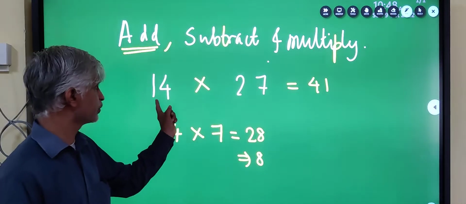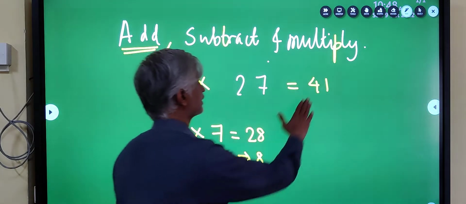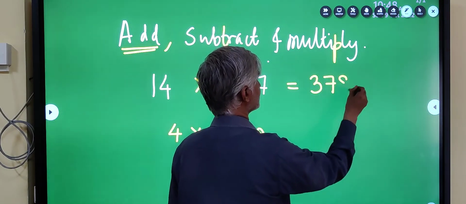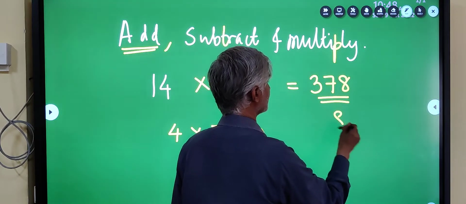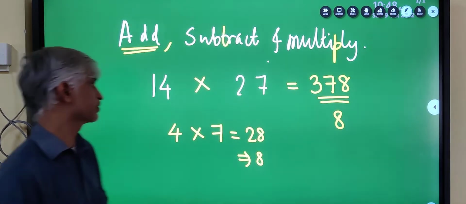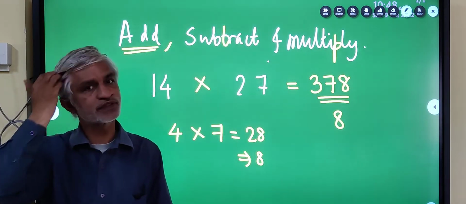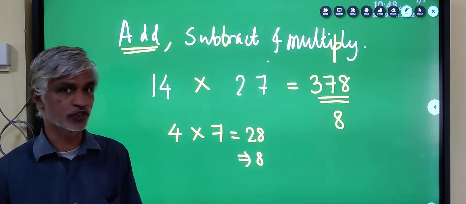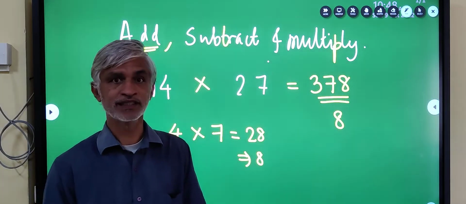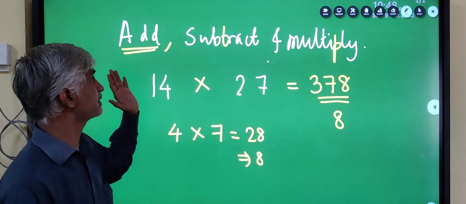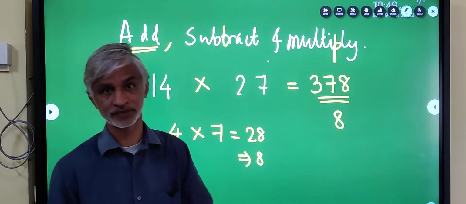Now, what happens if you actually multiply 14 into 27? I think you get 378, and this leaves a remainder of 8 when you divide by 10. So clearly, you can also multiply the remainders. So what is the proof of this theorem? It's actually quite simple. You'll be able to find it in the book. Instead, let us solve a few interesting problems with this idea that you can directly add, subtract and multiply remainders.